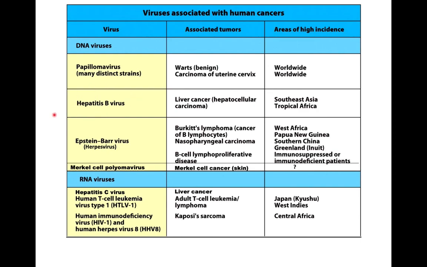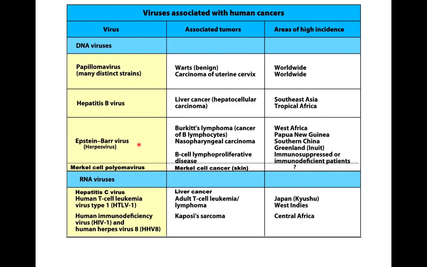Hepatitis B virus, if you remember, that's the really weird one that has the partially double-stranded, partially single-stranded DNA genome with the covalently bound RNA. I believe it's a Baltimore class 7 virus. This one causes hepatocellular carcinoma.